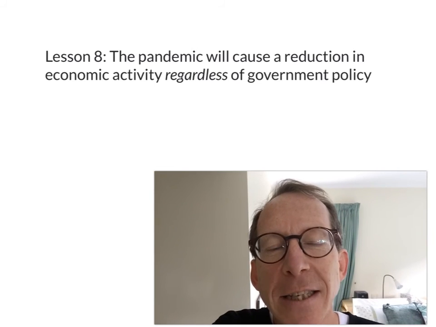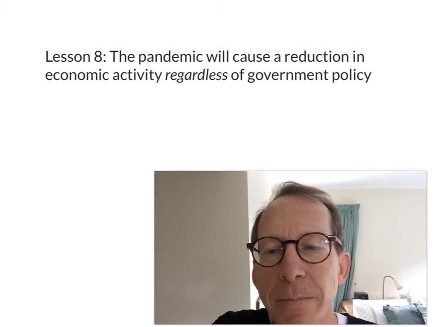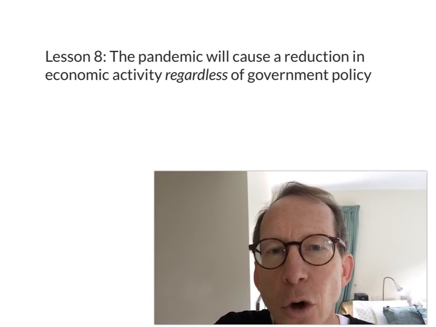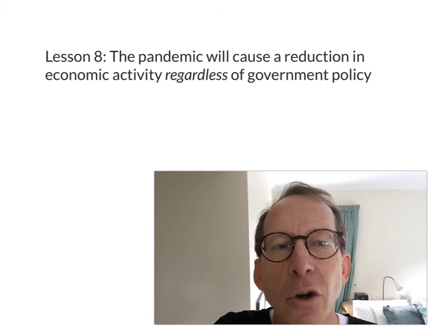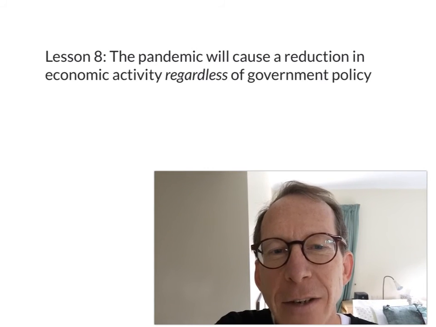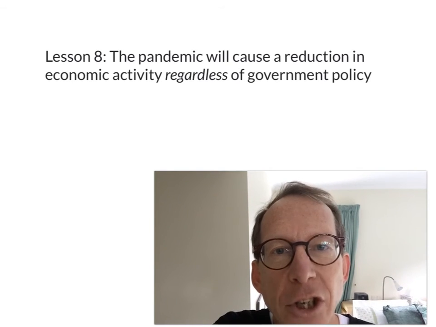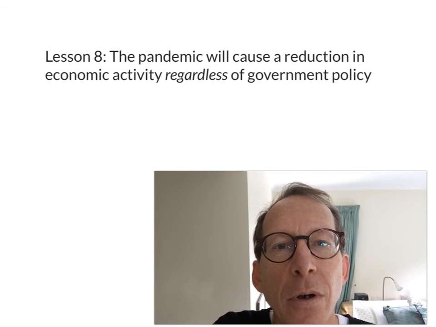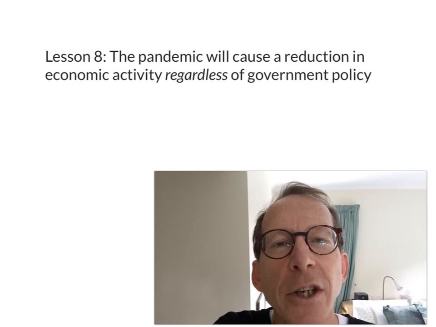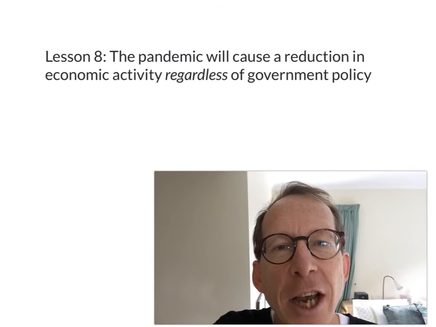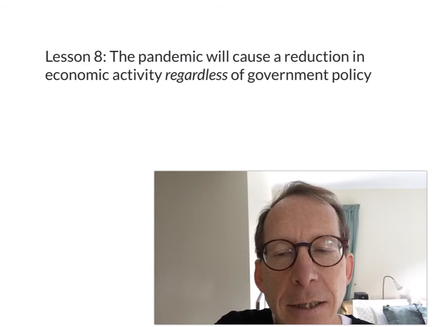As people change their behaviour, stop going to restaurants, to bars, avoiding supermarkets and so on, that's going to cause dislocation in our economy. It's going to cause a drop in economic activity. It's going to cause unemployment. It's going to cause, as it did around the world with COVID-19, a recession. So we've now got a situation where the pandemic has changed our production possibilities.